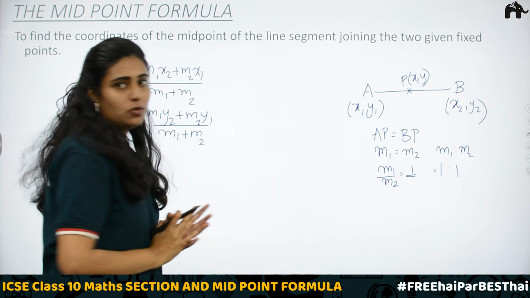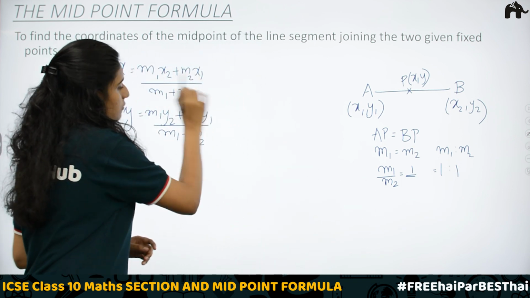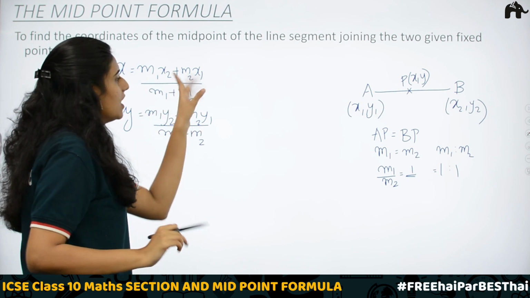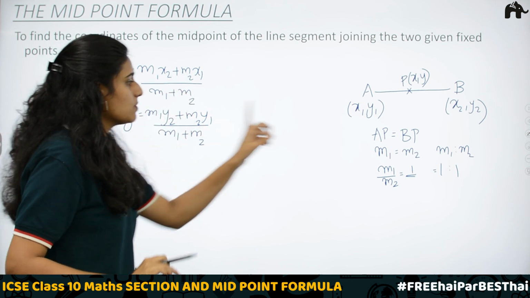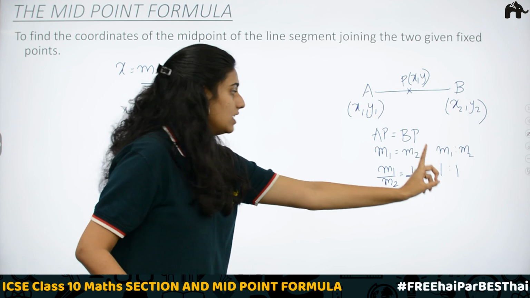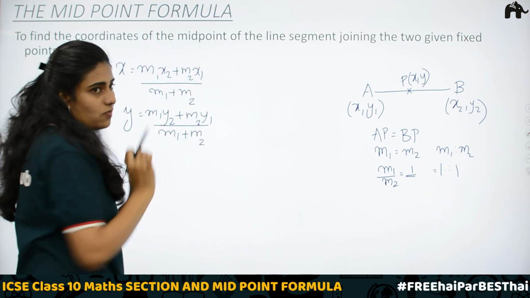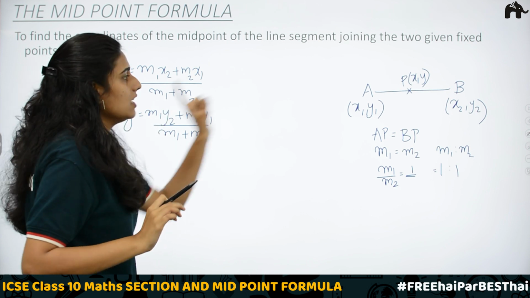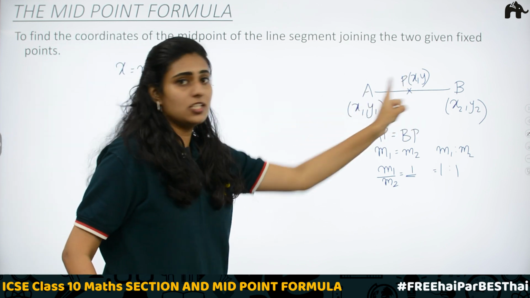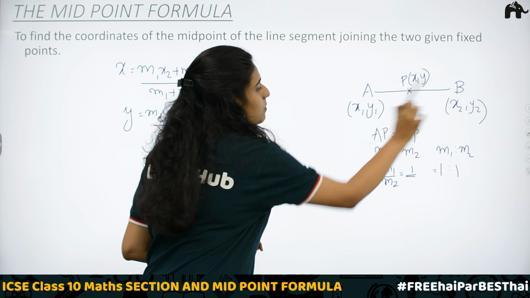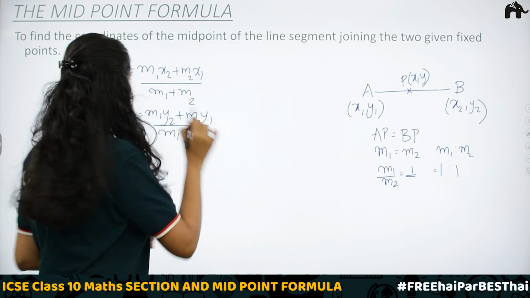Now here what we are going to do is, in the section formula, in place of m1 and m2, we are going to substitute the value of m1 and m2, that is 1 and 1, and get the coordinates x, y. This will be the coordinates of point P, which is the midpoint of line joining fixed points A and B. Let us see.